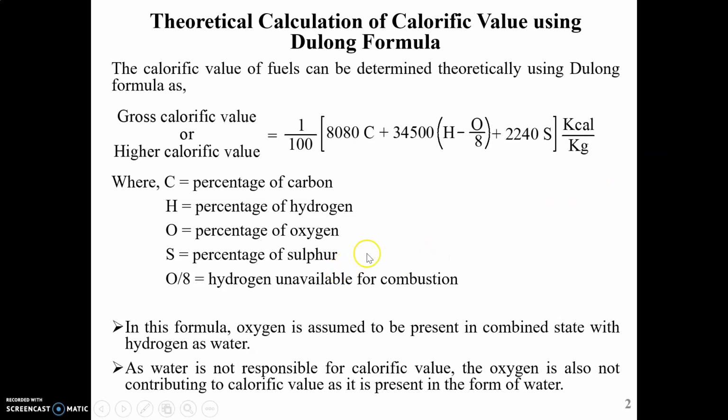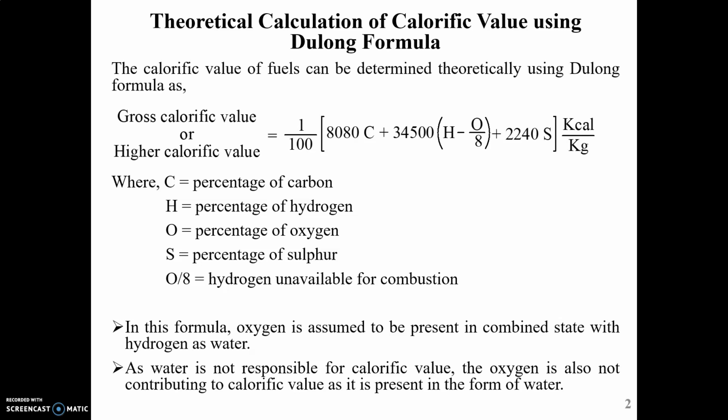In order to understand the O/8 term in this formula, it is assumed that the oxygen is present in combined state with hydrogen as water, and as we know, water is not responsible for calorific value. Therefore, the oxygen is also not contributing to calorific value as it is present in the form of water.